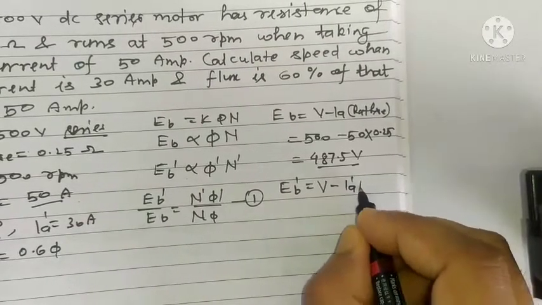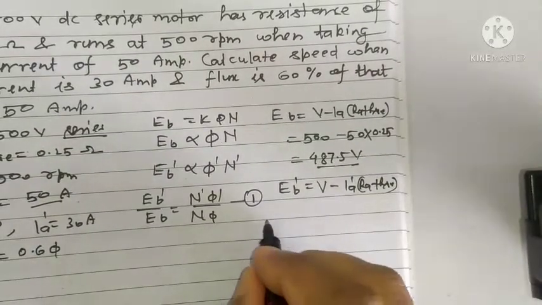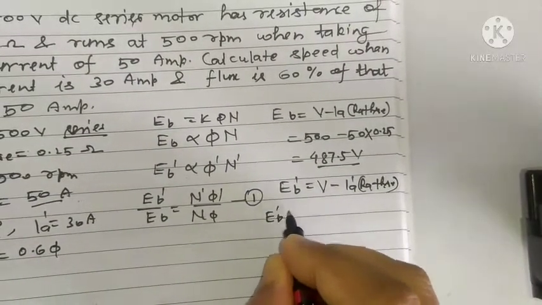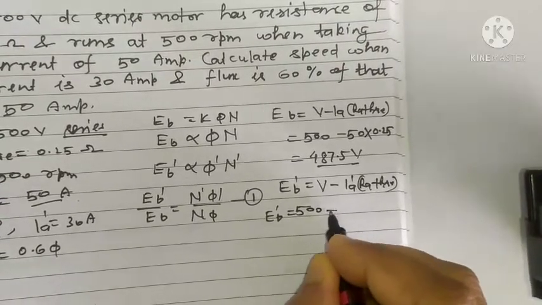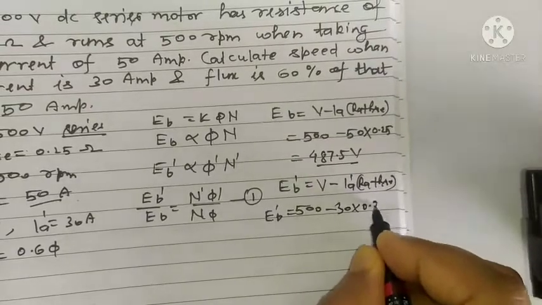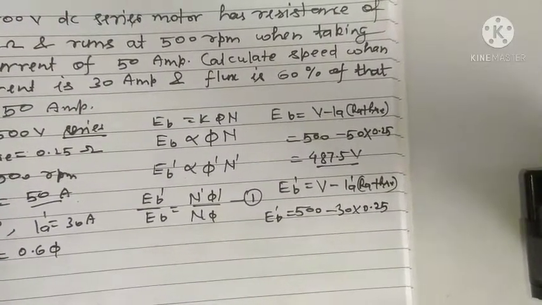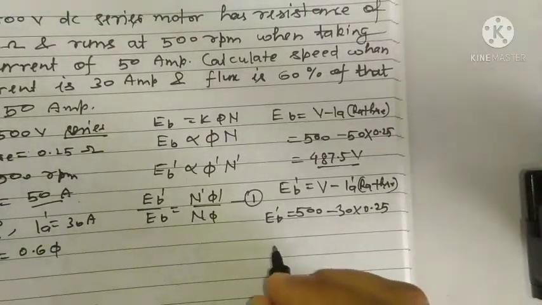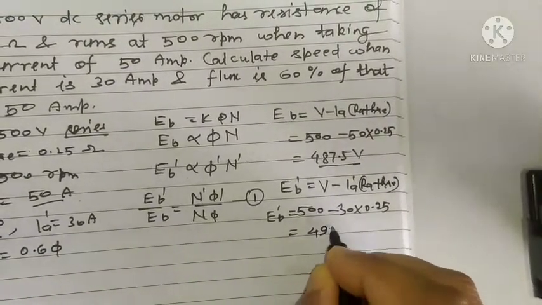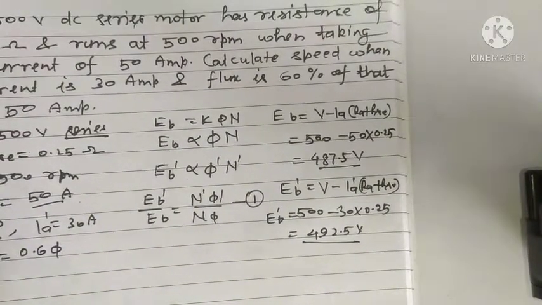So it will be Ra plus Rsc only, right? So EB dash is equal to 500 minus what is new current, 30 ampere, into resistance is same. So 30 into 0.25, 500 minus 7.5, it comes as 492.5 volt.